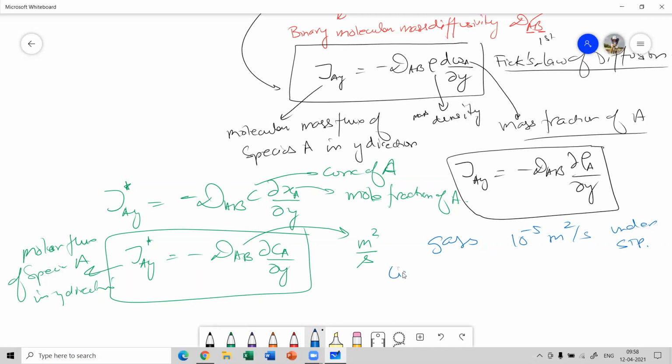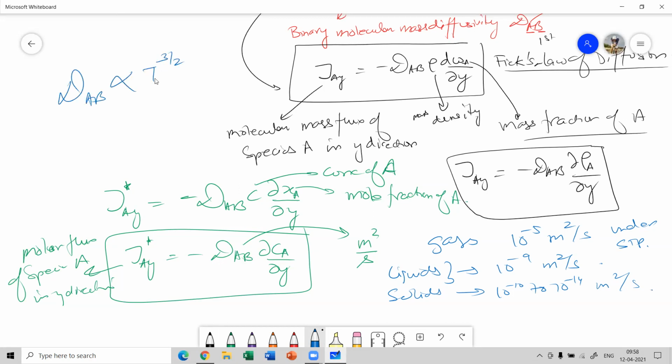For liquids, the diffusion coefficient is of order 10 raised to power minus 9, and for solids, it's of order 10 raised to power minus 10 to 10 raised to power minus 14 meter square per second. Also, you can remember that the diffusion coefficient DAB is directly proportional to T raised to power 3 by 2 and inversely proportional to the pressure under ideal gas conditions.